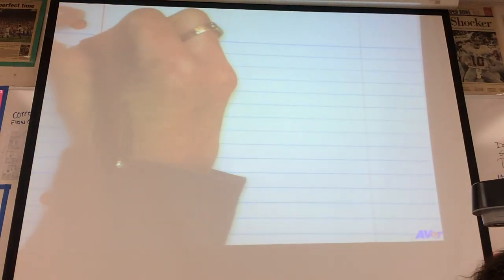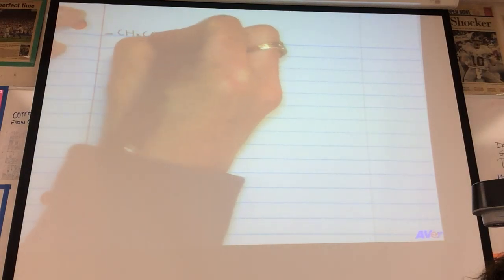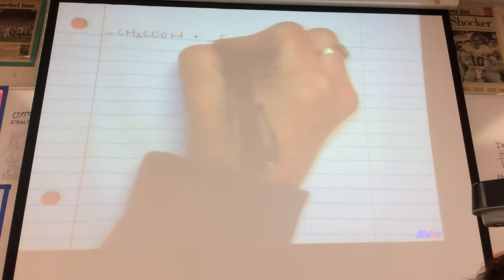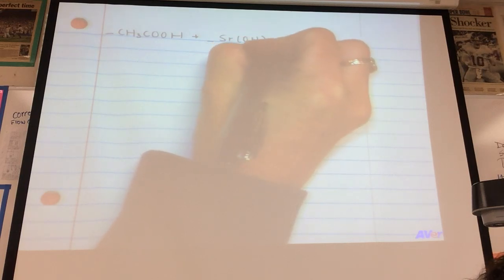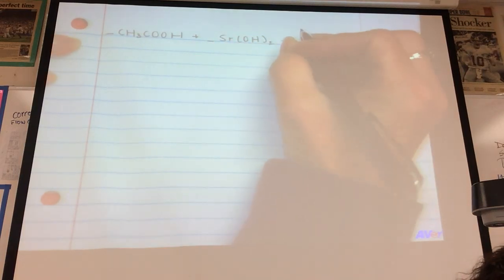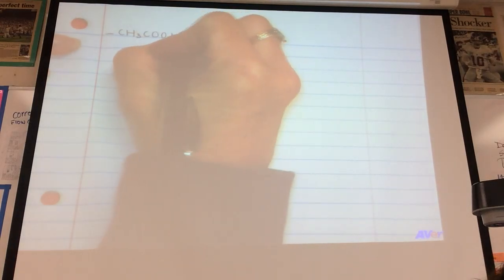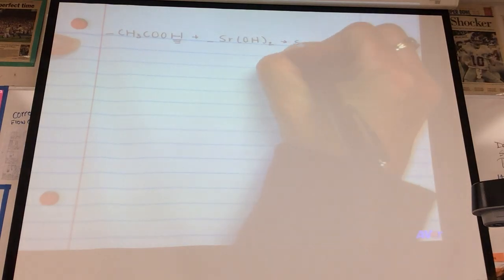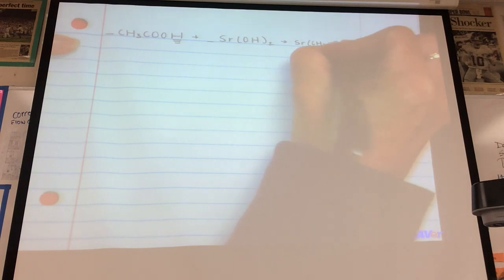So we've got acetic acid, CH3COOH, reacting with strontium hydroxide. So here's the ionizable proton that you get the water from, and your other product is strontium acetate.